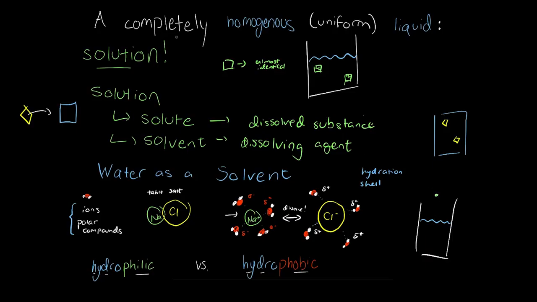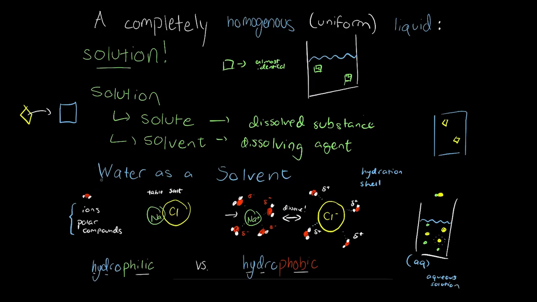So here's sodium chloride before it gets inserted. And afterwards, it'll dissociate into sodium ions and chloride ions, separated by our hydration shells. This kind of solution, where water is the solvent, is what we call an aqueous solution. It's represented by AQ, and if you want to know how to spell it, it's aqueous solution, like that.